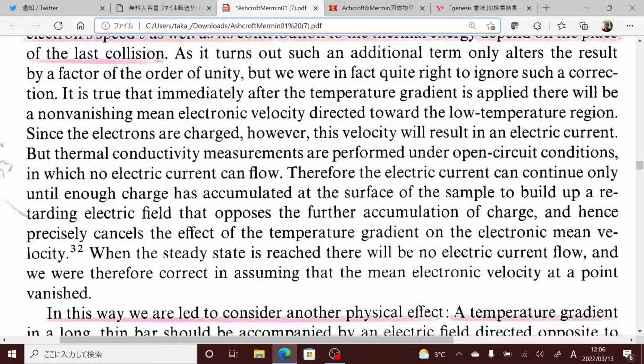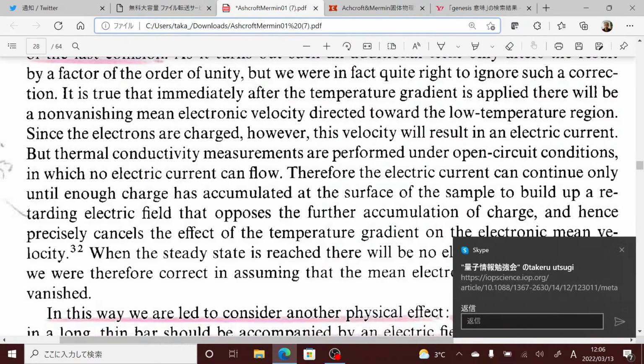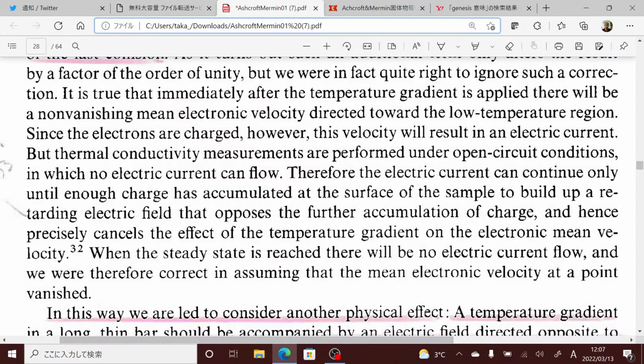It is true that immediately after the temperature gradient is applied, there will be a non-vanishing mean electronic velocity directed toward the low temperature region. Since the electrons are charged, however, this velocity will result in an electric current.